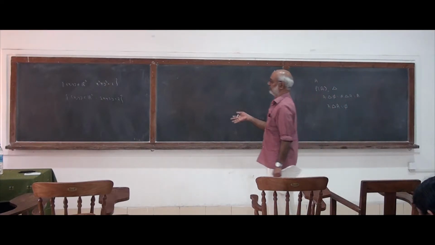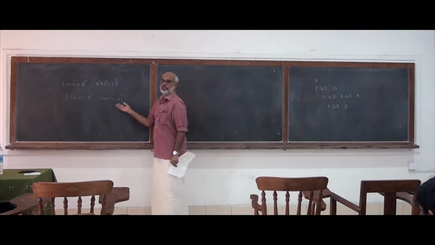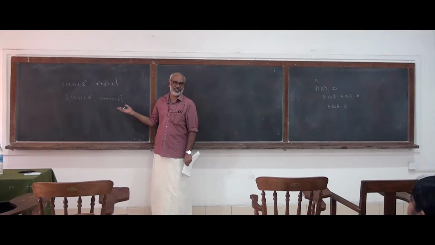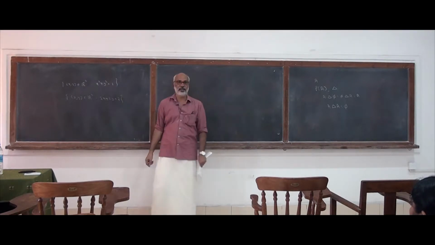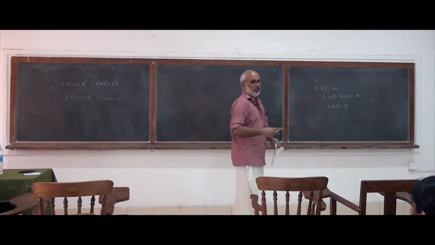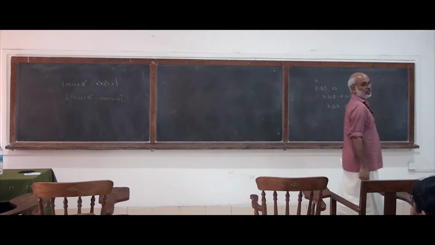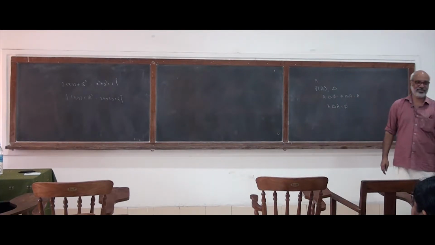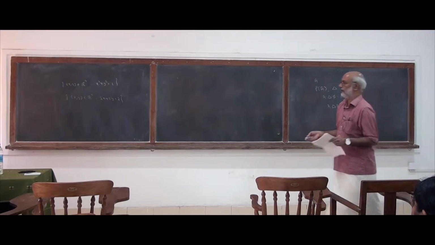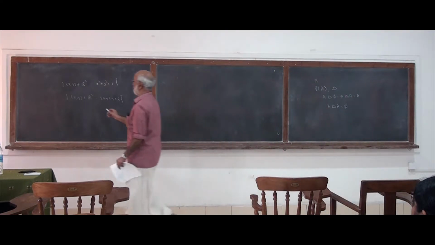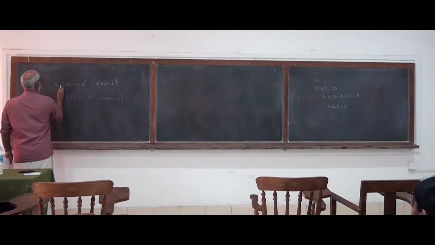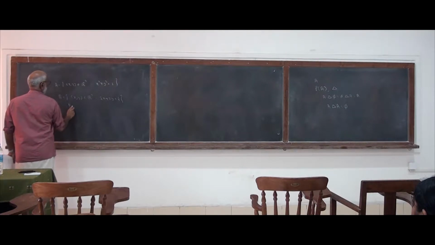We say that 2x plus 3y is equal to 2 is the equation of this line. Now we are interested in finding the intersection of these two curves. Suppose this is the set A, this is the set B, you can take the intersection.